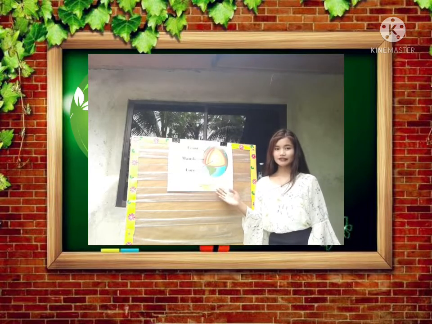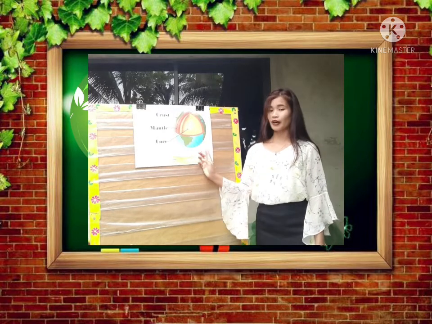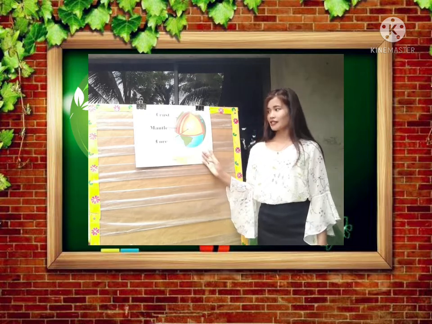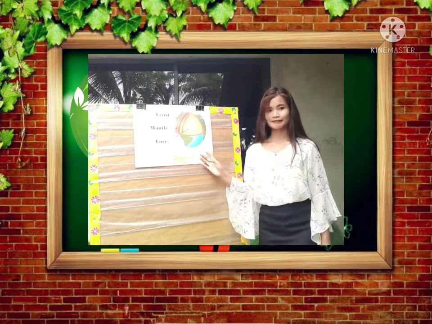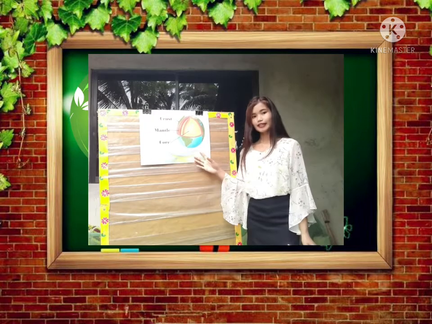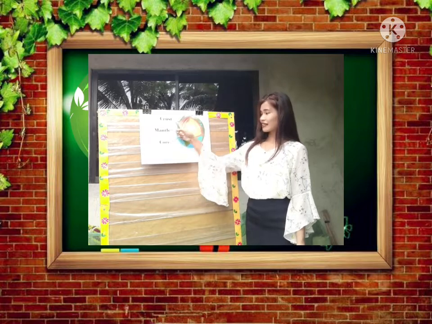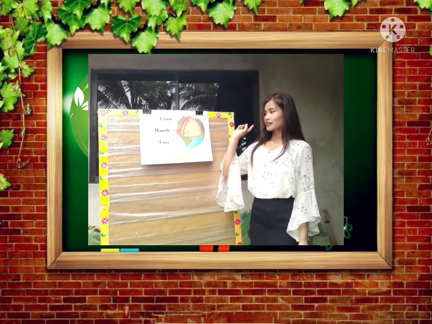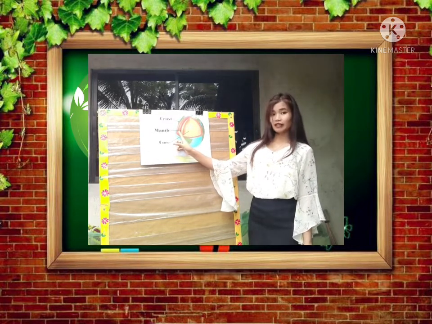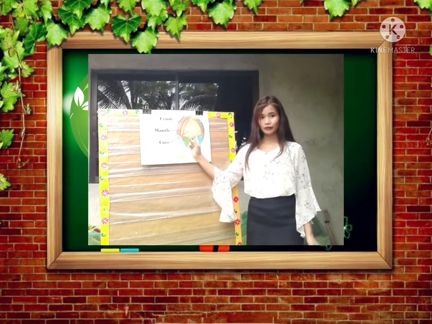Based on the activity, we compared the Earth's layers shown in this chart to the cross-section of the egg. And we find similarities. The eggshell can be likened to the Earth's crust. The egg white is to the mantle, and the egg yolk is to the core.